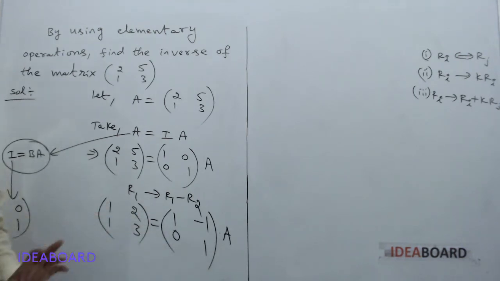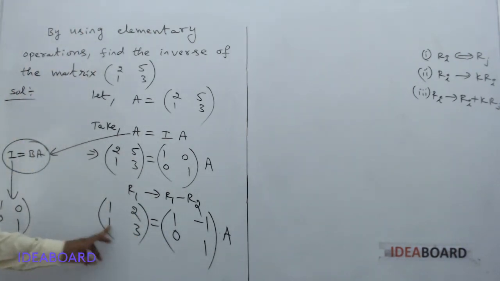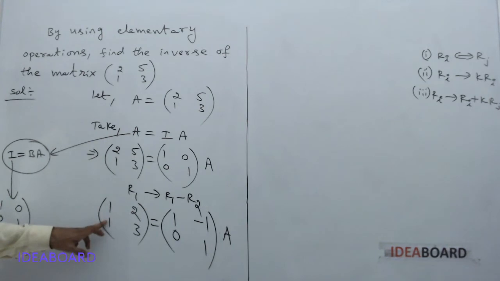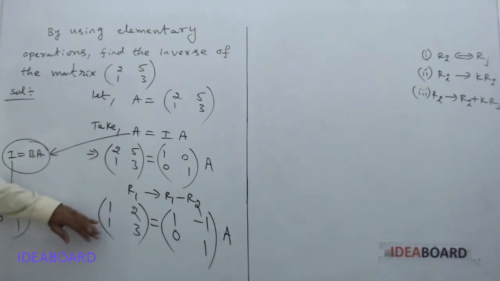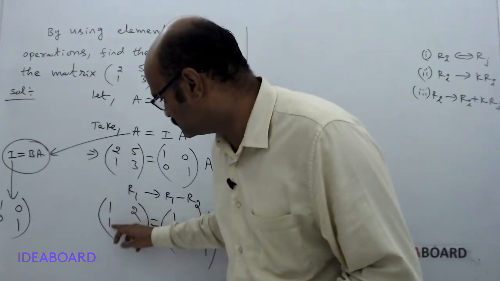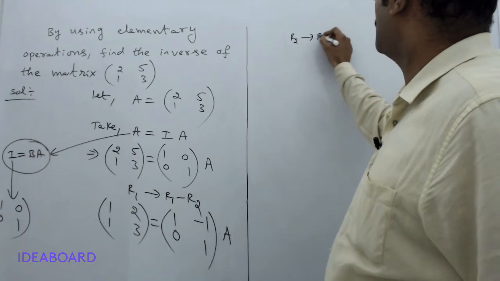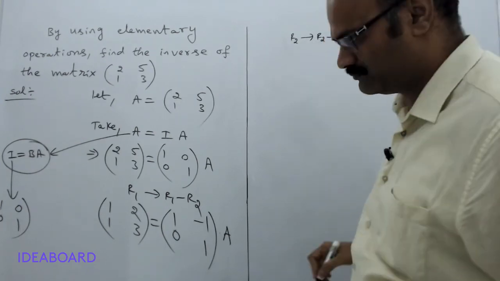Now here we have to get 0 in this place. So [1, 2; 0, 1]. Let me concentrate on this element now. 0 we have to get in this place. So to get 0, we should take R2 implies R2 minus R1. So that 1 minus 1 becomes 0. So let me write here R2 implies R2 minus R1.